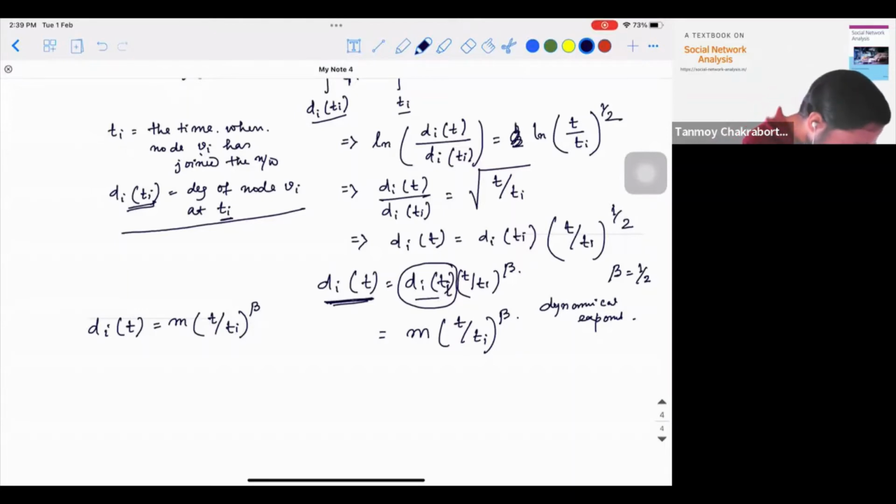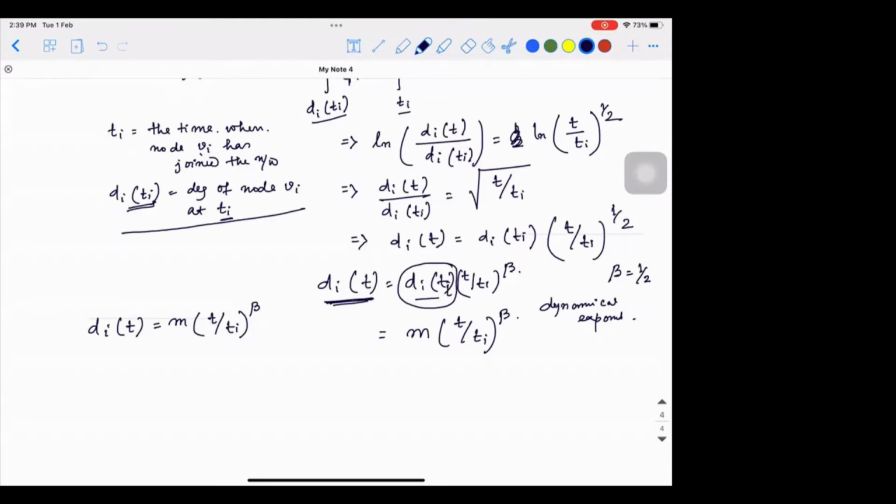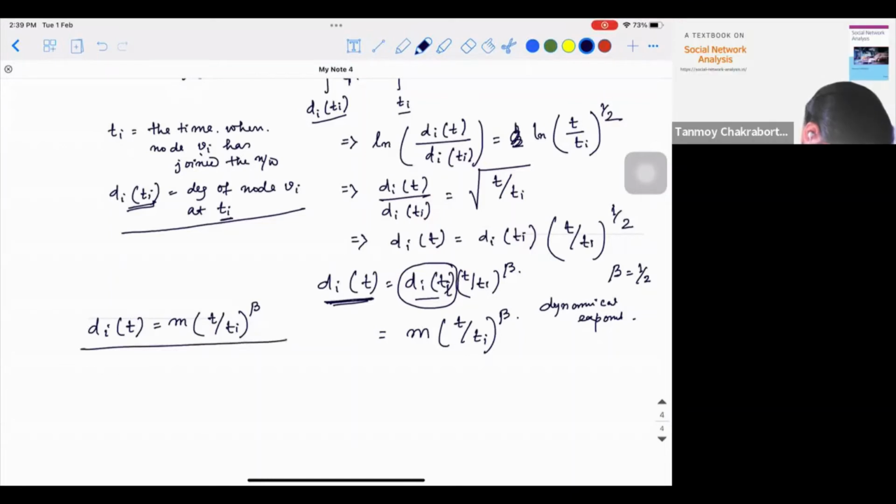Okay. So let's look at this equation very carefully. It says that di(t) is proportional to t power beta. What does it mean? So the growth model also, this is also a power law. Something changes with the power of something, right?